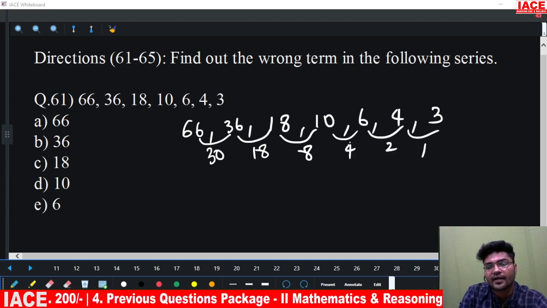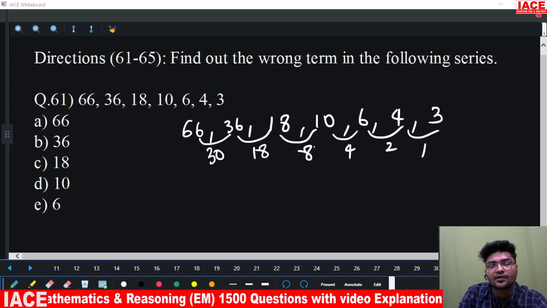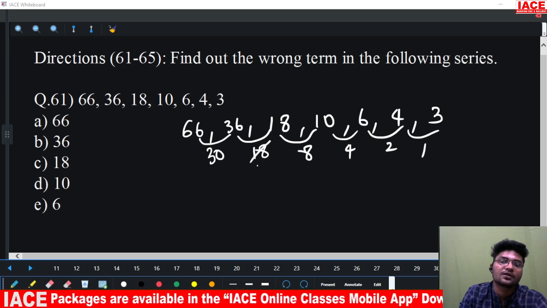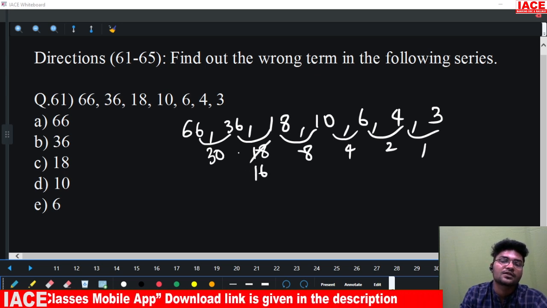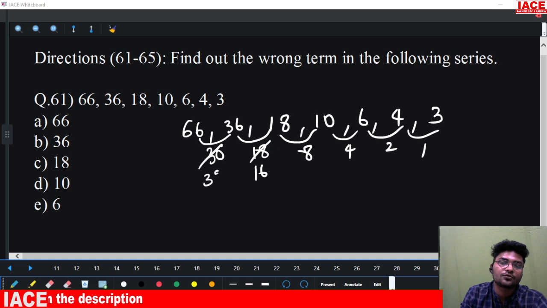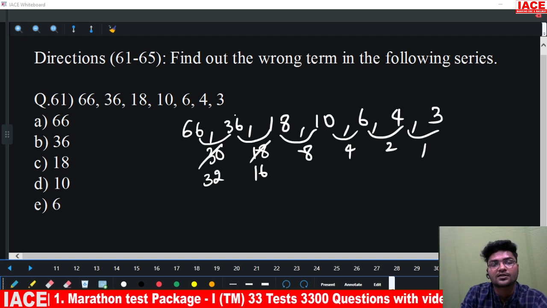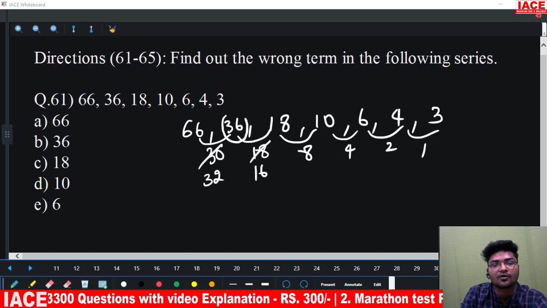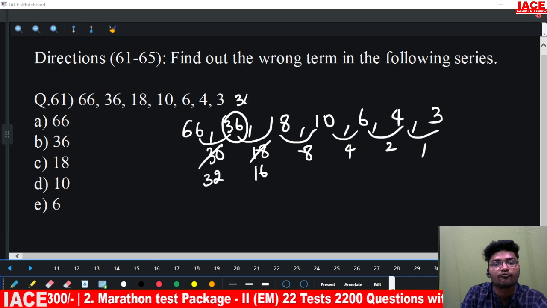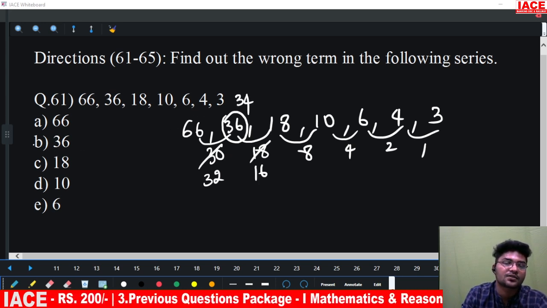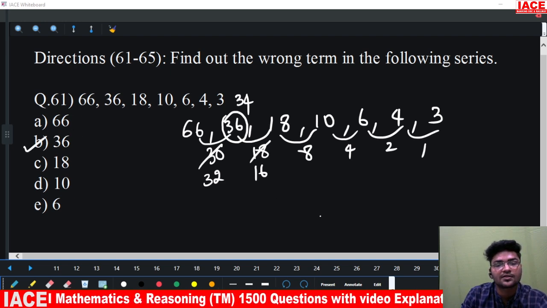So if I observe from right to left, 1, 2, 4, 8, it is just getting doubled. 8 means this should be 16, and 16 means this should be 32. In between, one wrong number will always be there. That means 18 plus 16 means 36 is a wrong number. It should be 34, and 34 plus 32 is 66. So the correct answer will be 36. 36 is the wrong number.